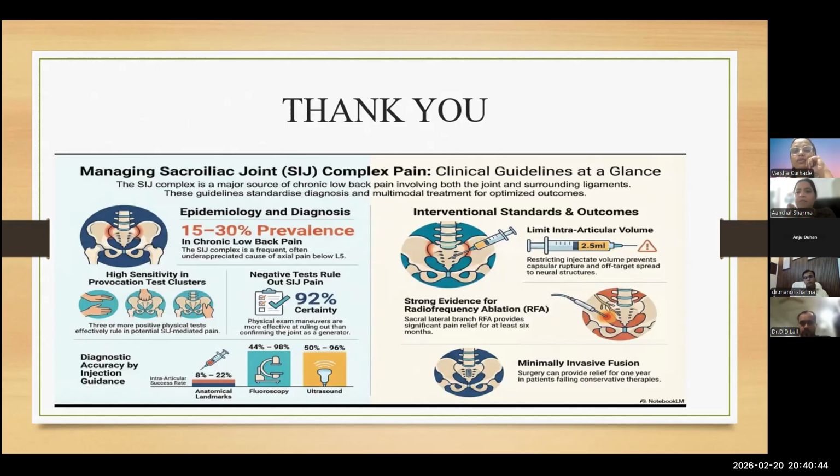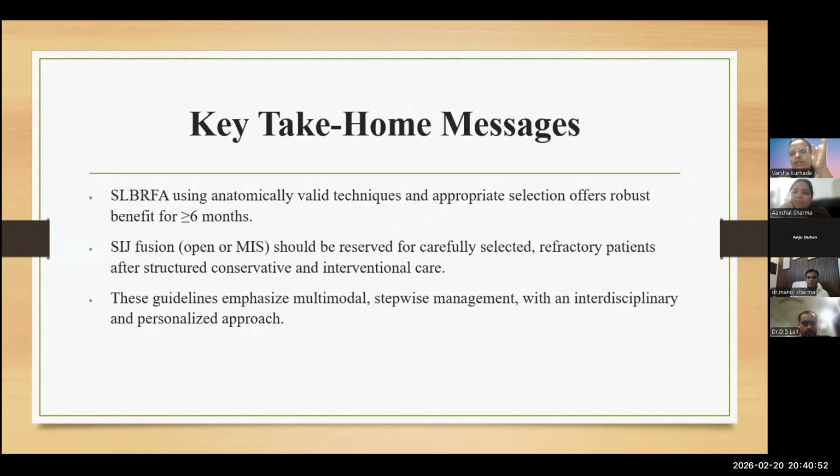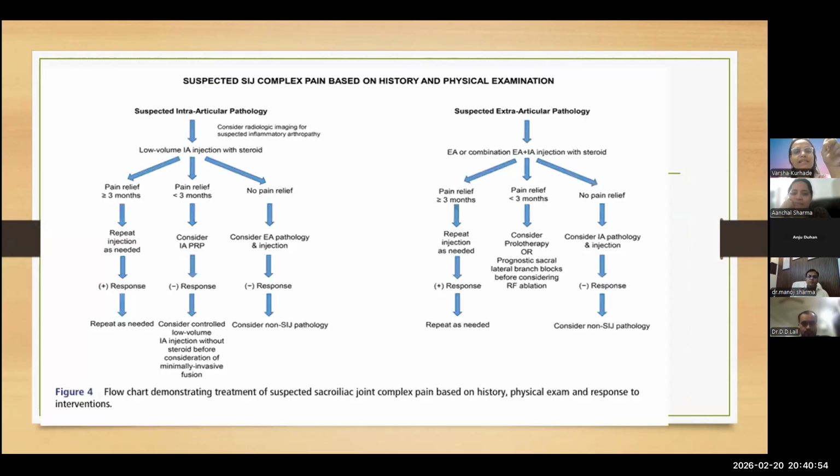I can hear you. Actually, that's exactly the point I was looking at in the last slide where there was a flow chart. If you see the last limb of this flow chart, when we suspect intra-articular pathology and there is no pain relief with diagnostic injection, consider extra-articular, and vice versa in this limb.